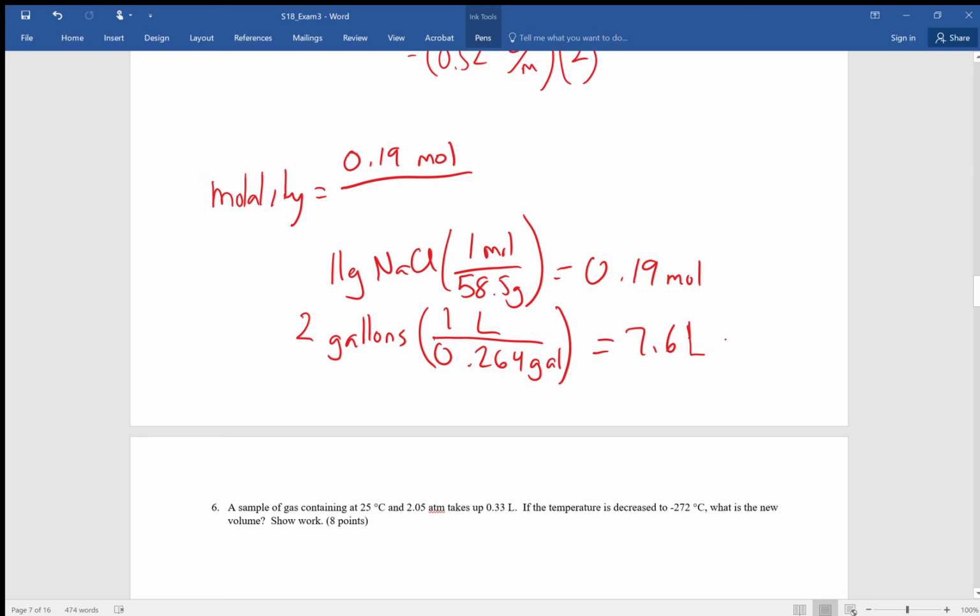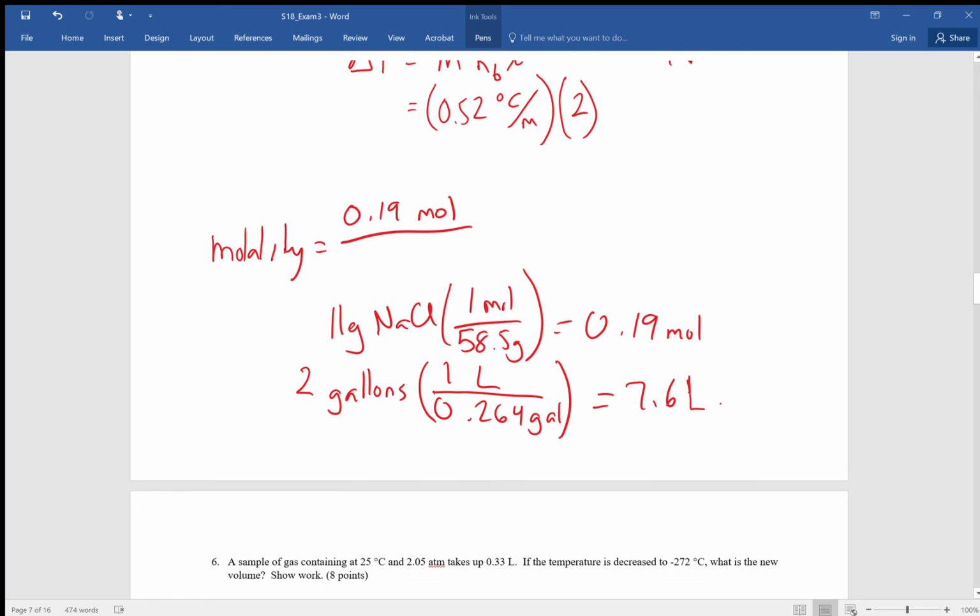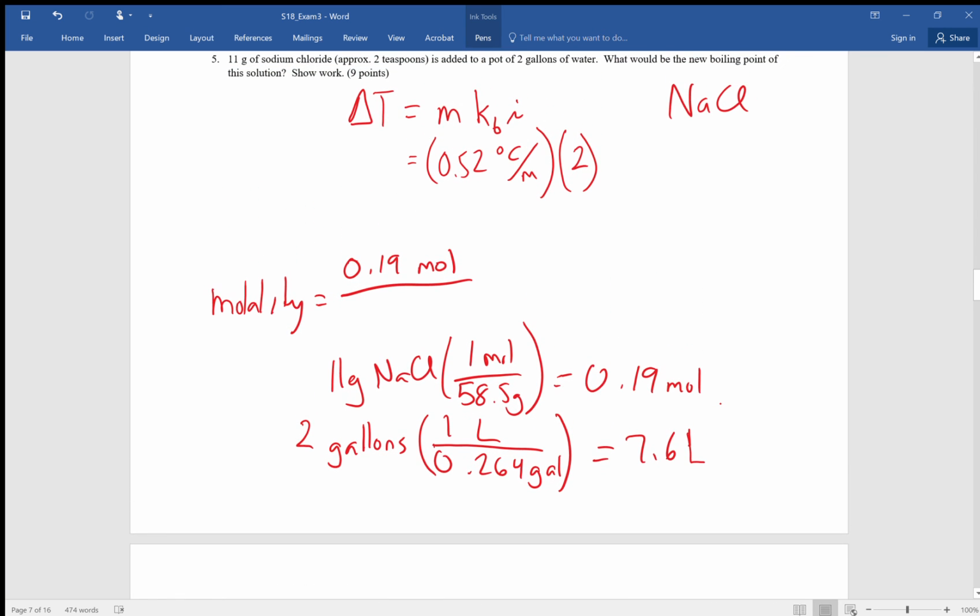And we can convert that into mass using the density. Water has a density of 1 gram per milliliter, or 1 kilogram per liter. So that's 7.6 liters. Because this is water, will correspond to 7.6 kilograms. We can fill in that value in our molality equation, and we find that the molality here is 0.025.